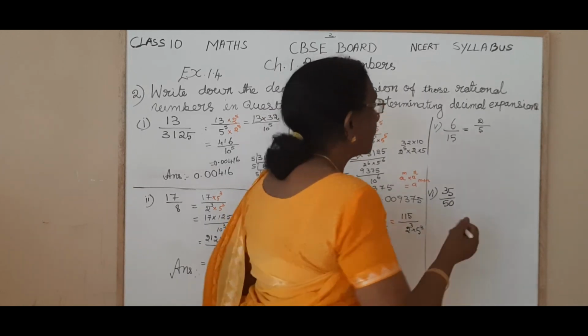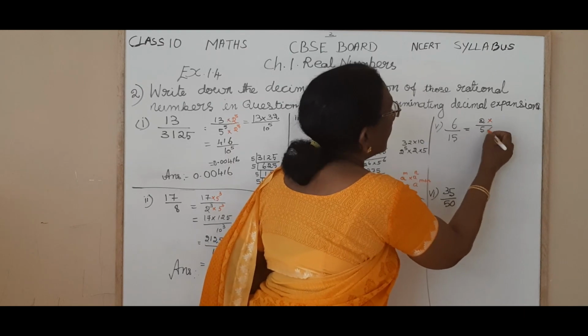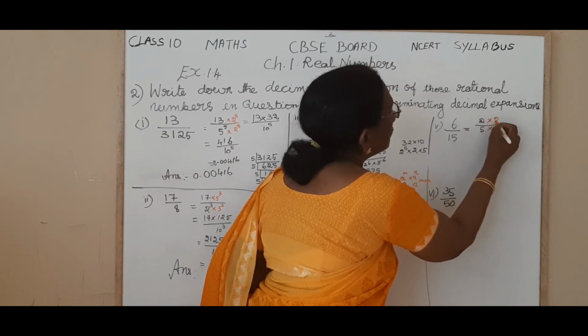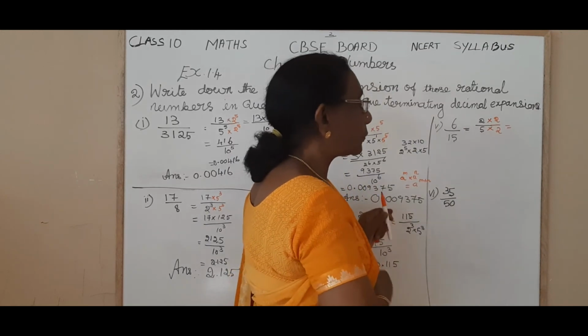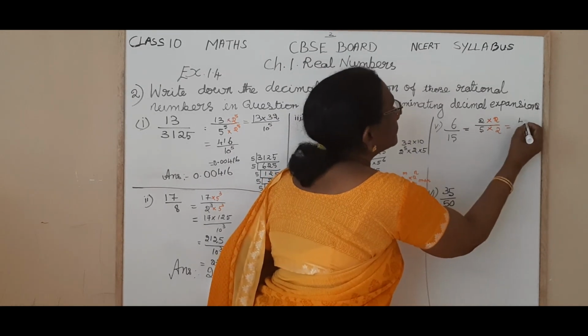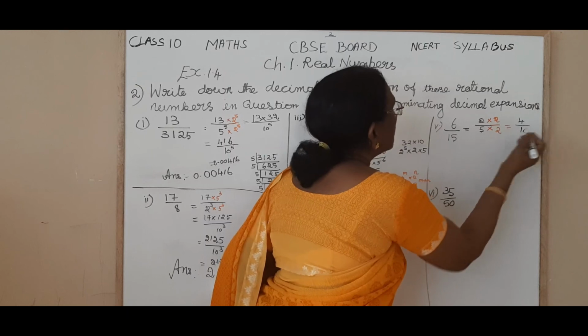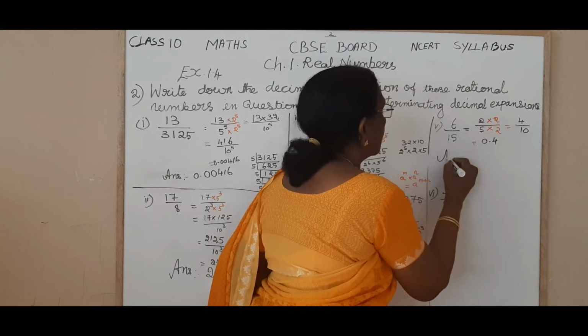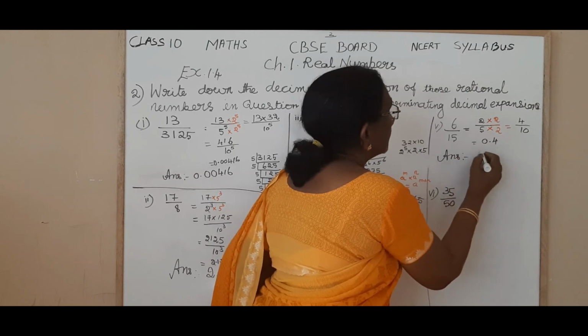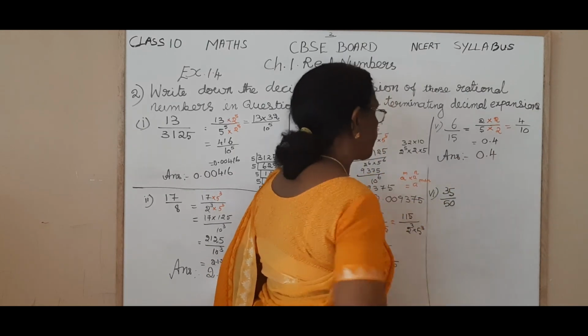So what should you do? You multiply the numerator and denominator by 2. So what do you get? 2 2s are 4 by 10. So the answer is only one decimal place, 0.4. The answer is 0.4. Okay.